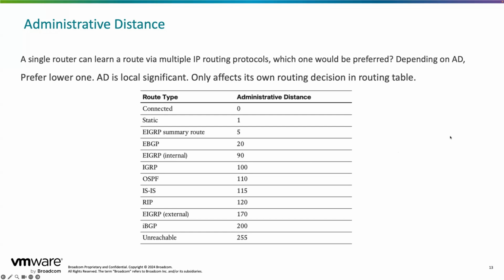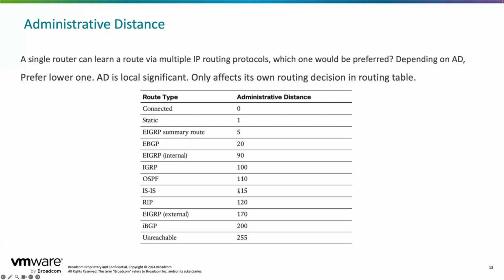You also learn this specific subnet via OSPF. So there are two protocols you learn from. How do you prioritize which one is the best? That is what administrative distance is all about.